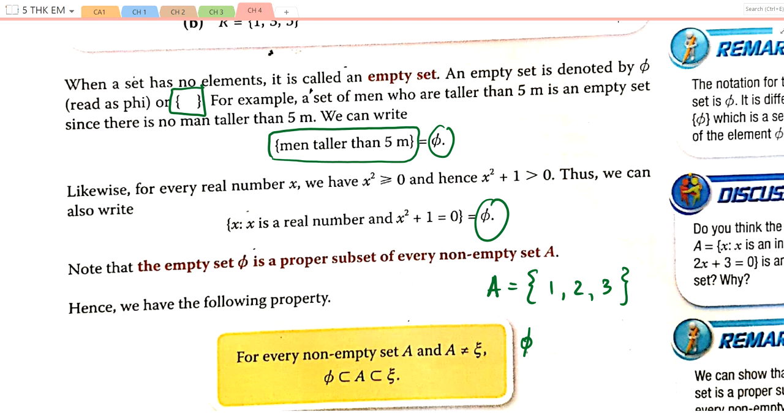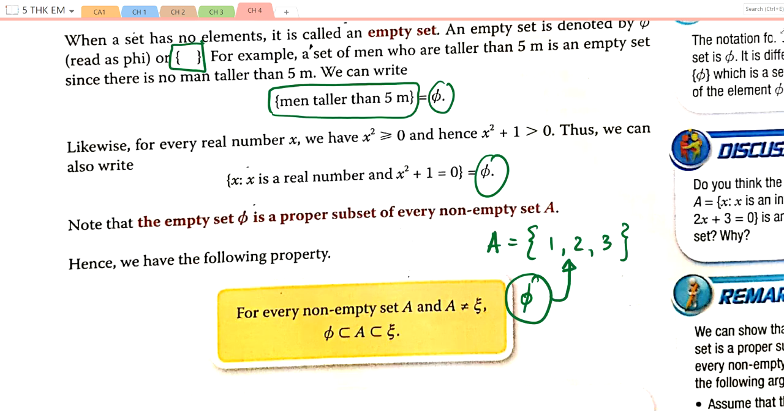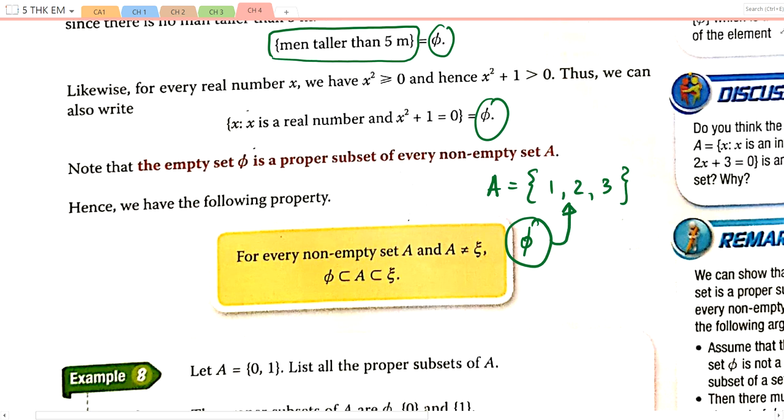It does not have any elements. This is also found inside my set A, because A will contain an element that has nothing inside. I'll explain this more to you in class when I see you.